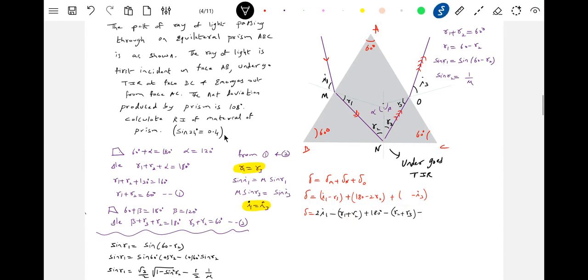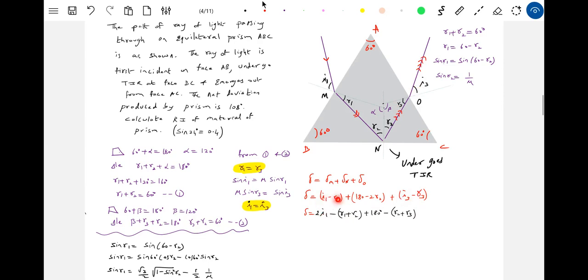Here, this went from I3 minus R3. Angle of emergence minus angle of incidence. That should be. So I1 equal to I3.